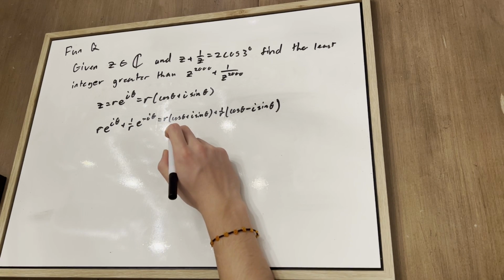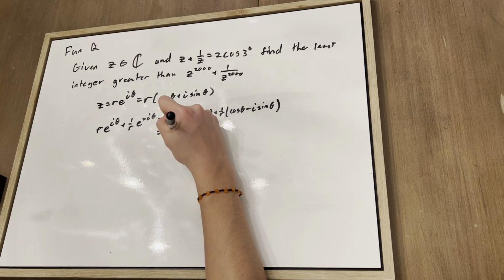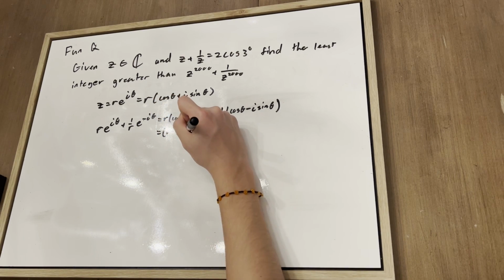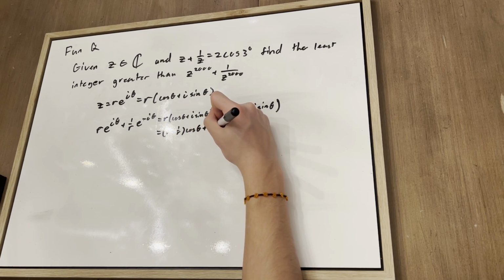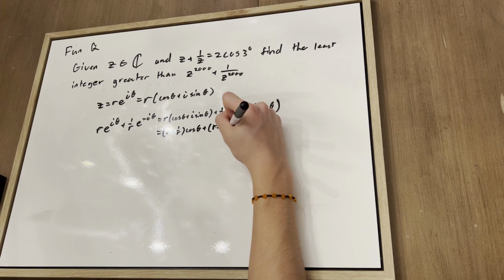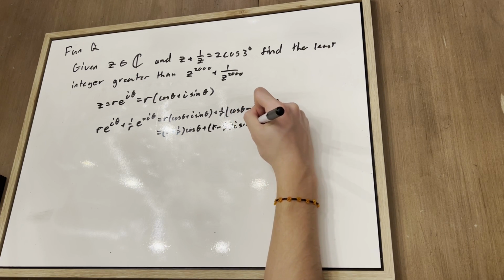So from here we can do some combining to combine the cosine terms. We get r plus 1 over r cosine theta plus r minus 1 over r i sine theta.